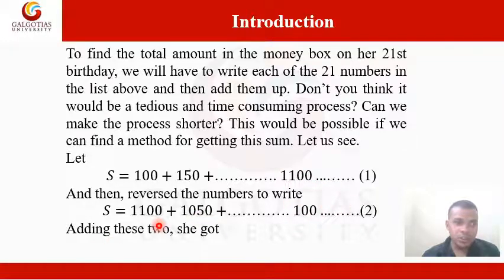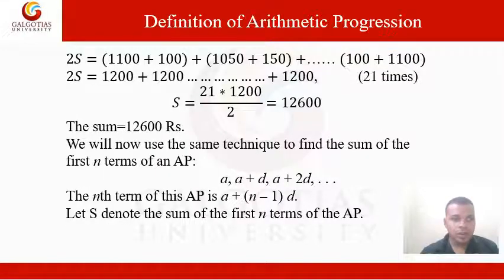Adding these two, we will get 2S equals 1100 plus 100 plus 1050 plus 150, and so on. In this way I get S equals 21 multiplied by 1200 by 2. What does the 21 represent here? This 21 represents the total number of terms.